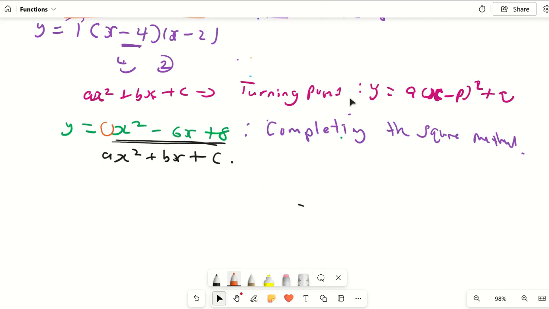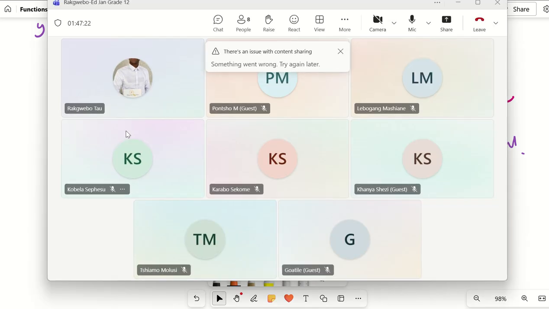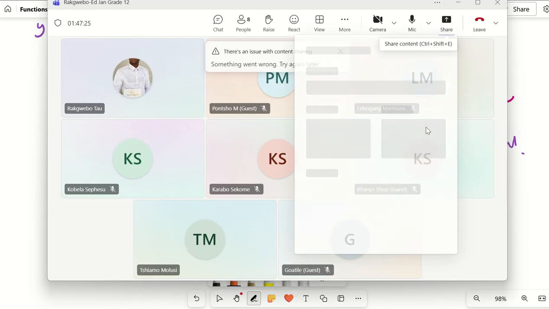The first thing you need to ensure is that the number in front of x squared must always be positive 1. Always.